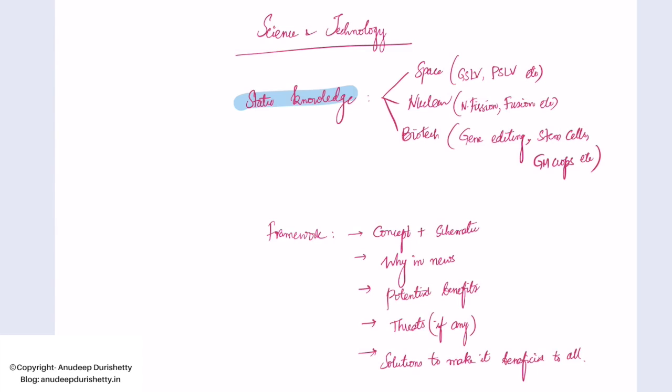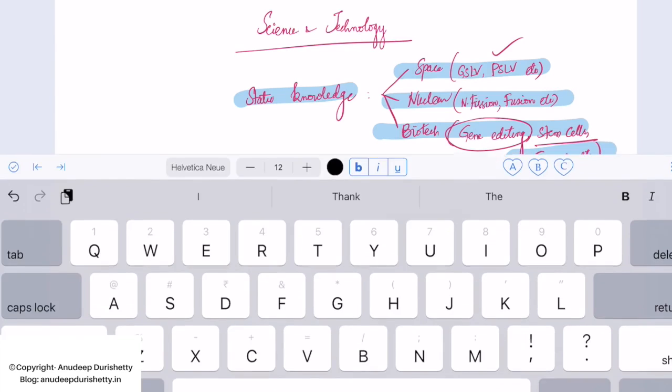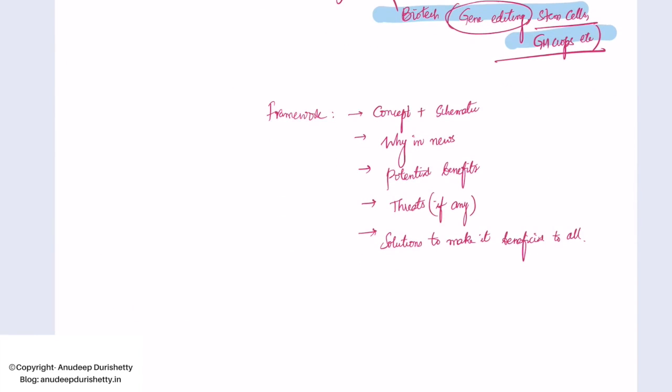These include space topics and concepts such as GSLV, PSLV, cryo engine, etc. Nuclear related concepts such as nuclear fission, fusion, fast breeder reactor, etc. Similarly, under biotech, you have certain concepts such as gene editing, stem cells, GM crops, etc. So try and prepare and understand these basic concepts well before you attempt current affairs in science and technology. You can use any coaching material to develop a basic understanding. Also use internet extensively to clarify any of the doubts that you may have.